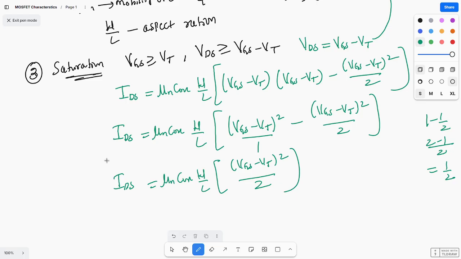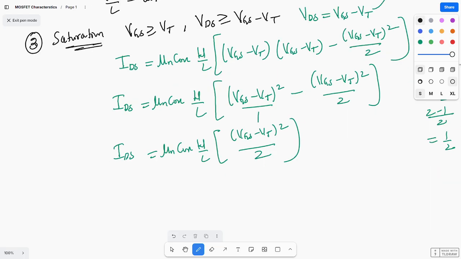So what is the drain current equation in saturation? I can write IDS equals 1 by 2 mu n COX W by L (VGS minus VT) whole square.